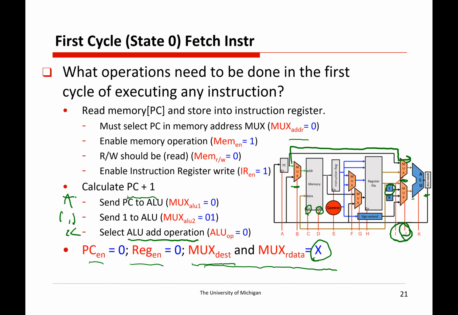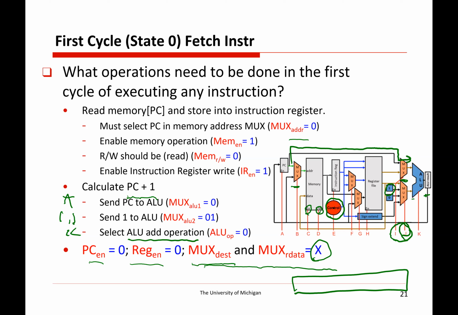Any other questions on this slide? What is that control red circle there again? The control blob here is basically the control ROM that I had down here, but I changed the notation a little bit because it's going to be cumbersome to have that giant block down here controlling the wire.